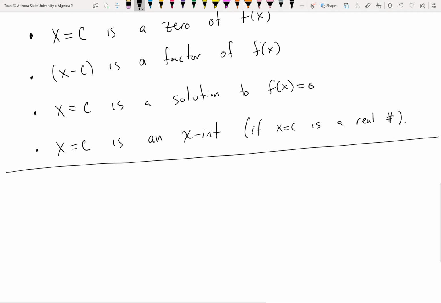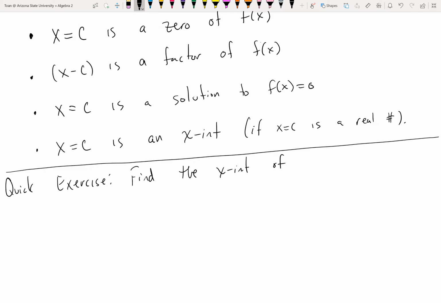So let's just do a quick exercise here. Suppose I ask you to find the x-intercepts of f of x equals x plus 5, x minus 1 cubed, x plus 3 squared.